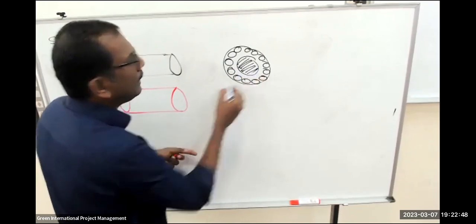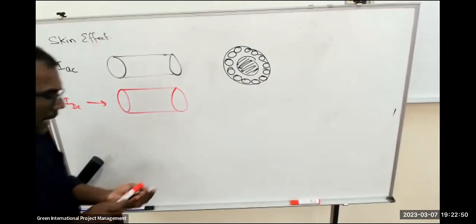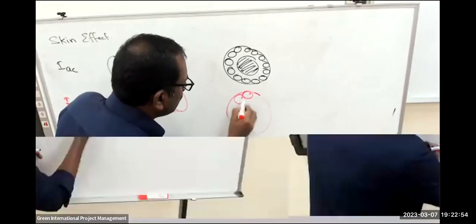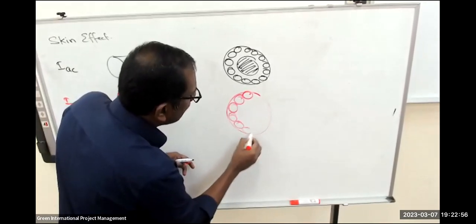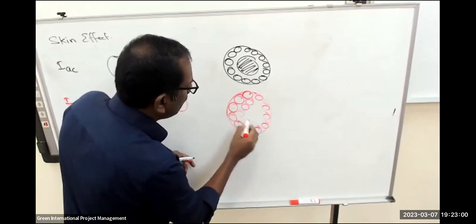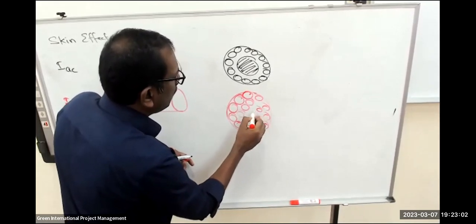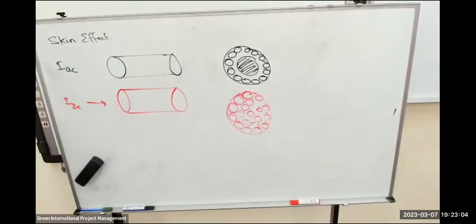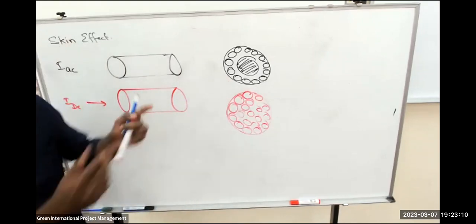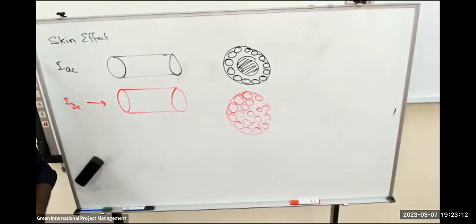It is not effectively utilized. At the same time, in DC all the electrons are distributed uniformly. So from this we understand that in DC all the area is effectively utilized, while in AC the entire area is not perfectly utilized.